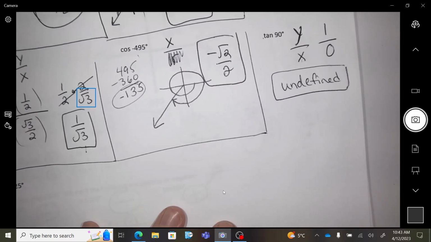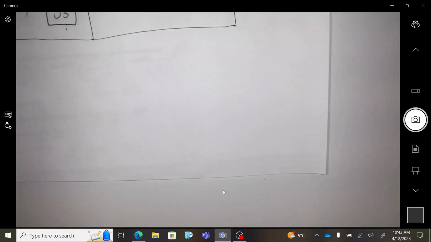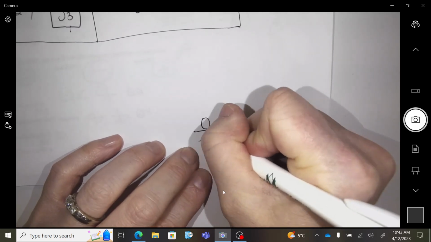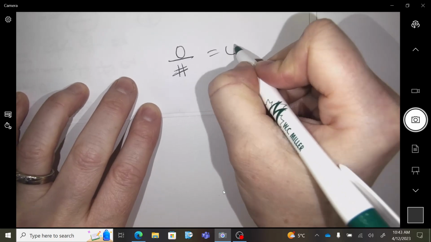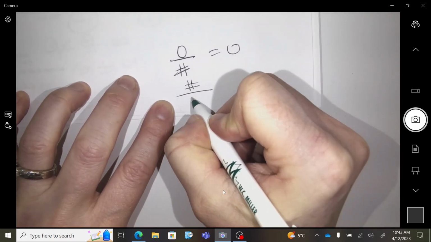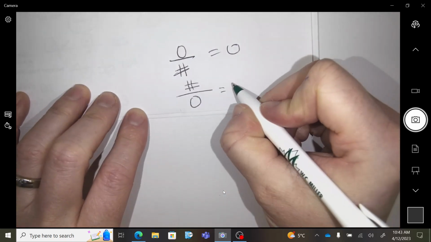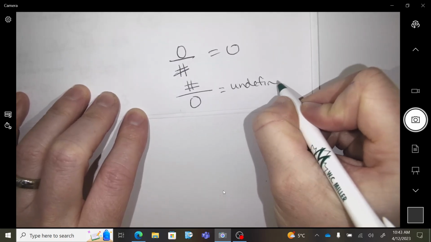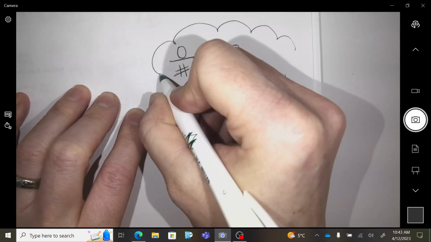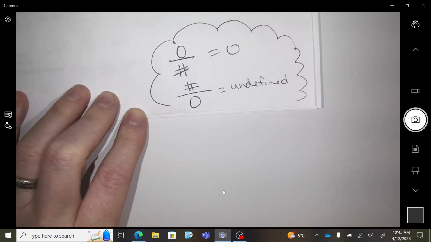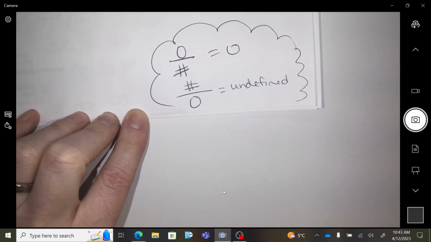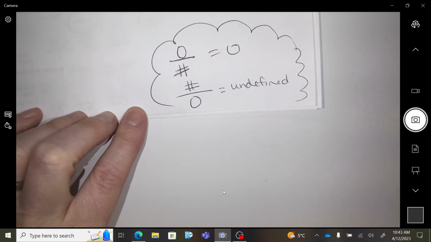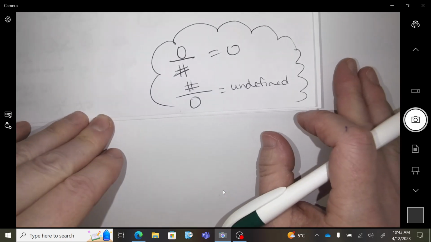What is 0 divided by any number in math? 0. Any number divided by 0 in math is undefined. You can't divide by 0. It'd be like me saying if I had $5 to divide amongst 0 people, you can't even define that.